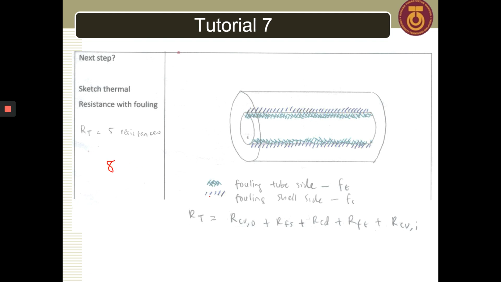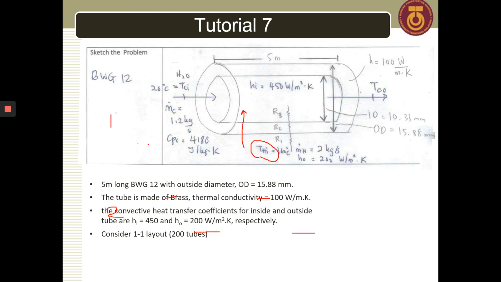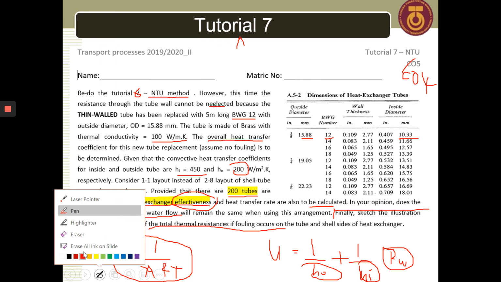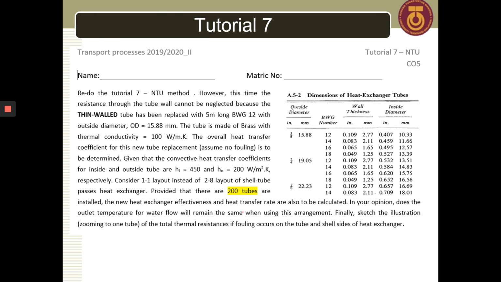Okay, so the next step is step number 8. If you forget, let's go back. Finally, sketch the illustration zooming into one tube of the total resistance if fouling occurs on the tube and shell side of the heat exchanger.